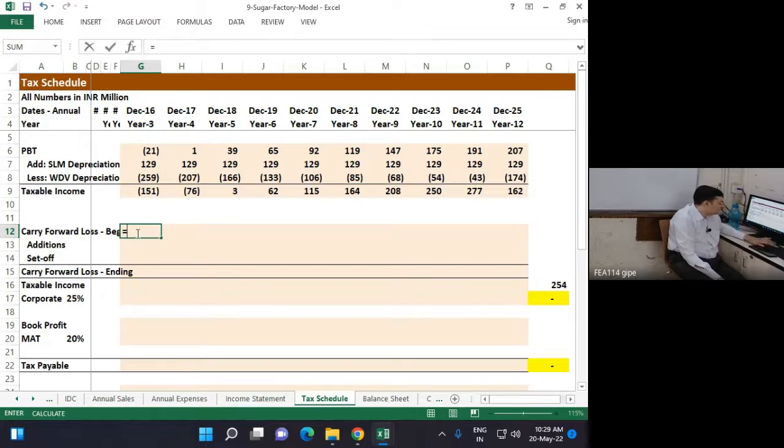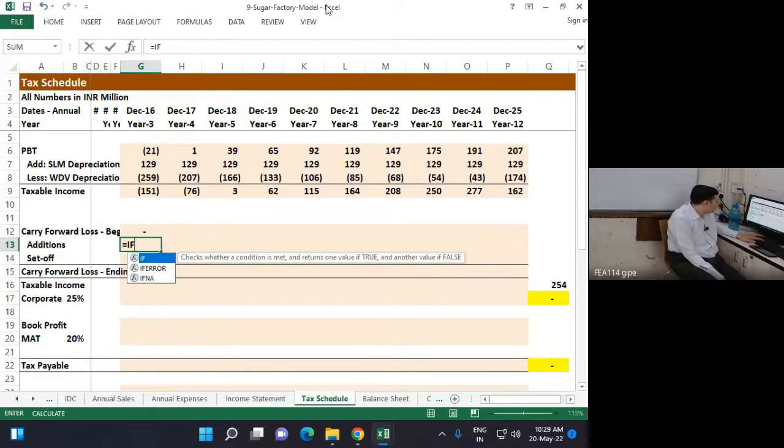Let's do it on screen. So I will start with beginning carry forward losses is same as last year's ending. First year's beginning is same as last year's ending.